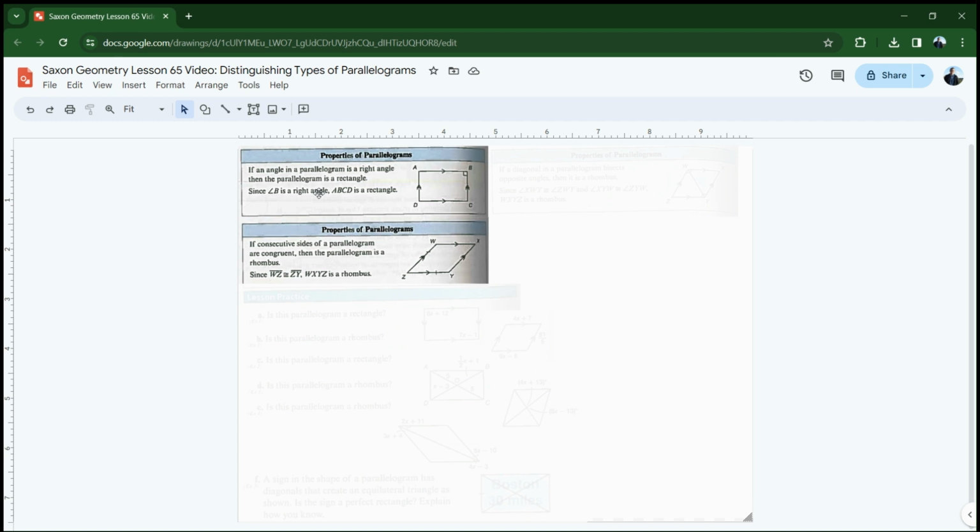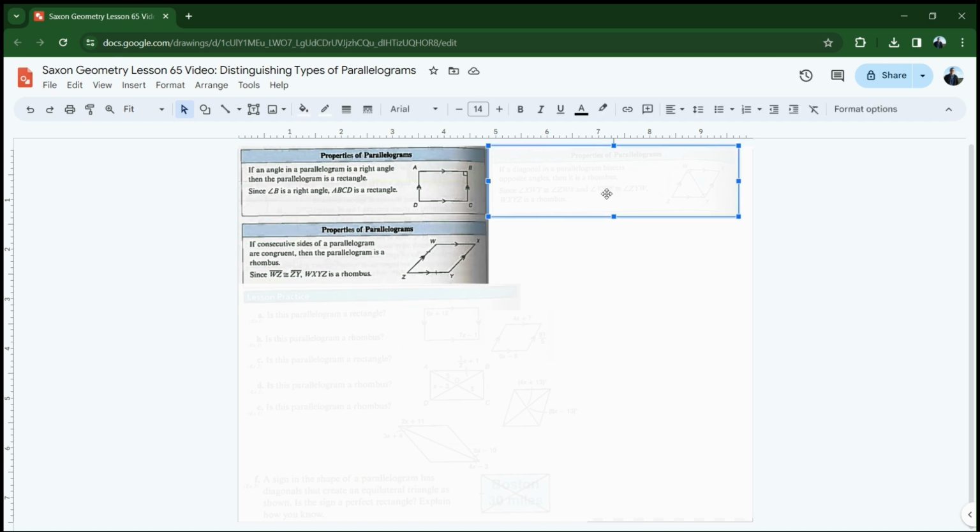Another property of a parallelogram: if you know that two consecutive sides in a parallelogram are congruent, that means the other two sides have to be congruent. So if two consecutive sides are congruent, it has to be a rhombus of some kind. It could either be a rhombus like this or a square.